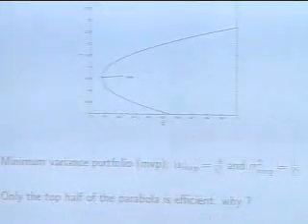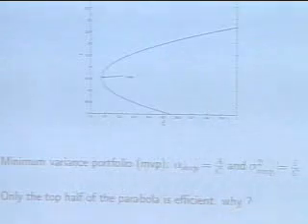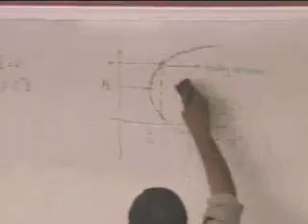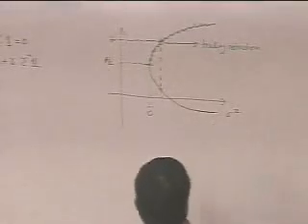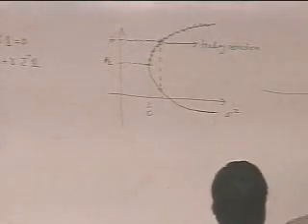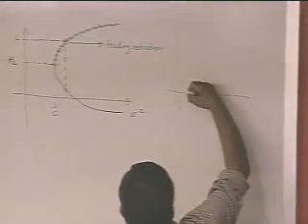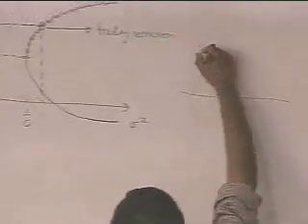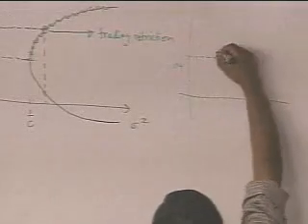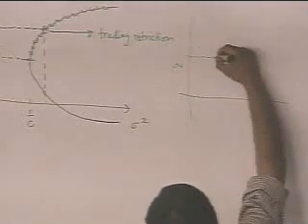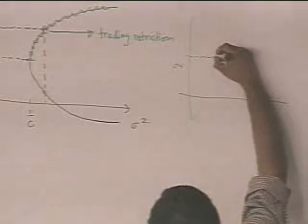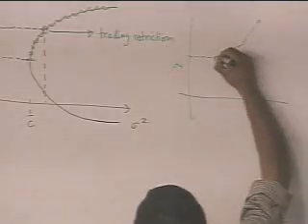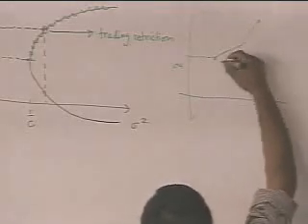Okay. Now the next question is, let's draw another picture. Let's keep this picture there. Suppose this is alpha 1. I'm trying to figure out, can the portfolio efficient frontier ever look like that?